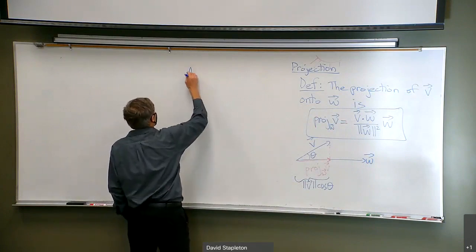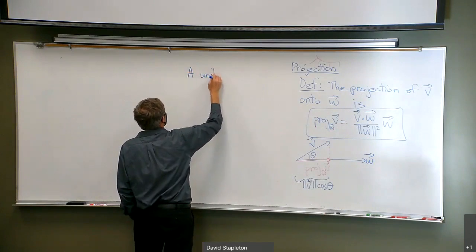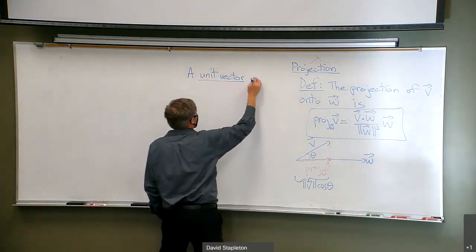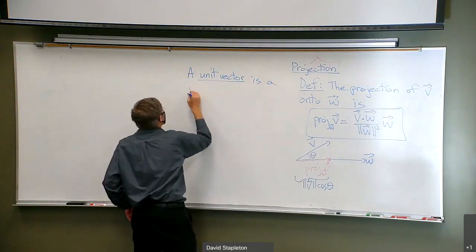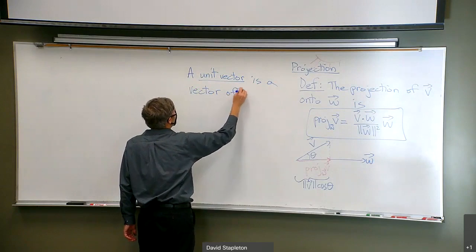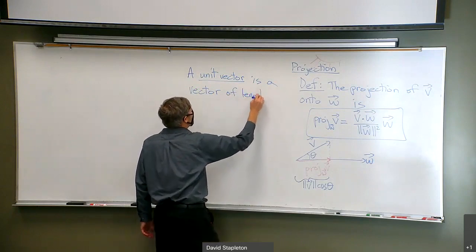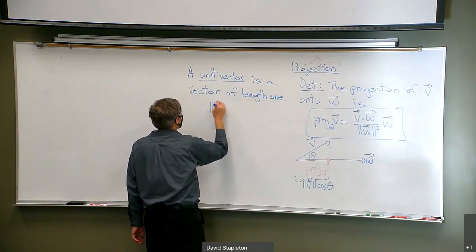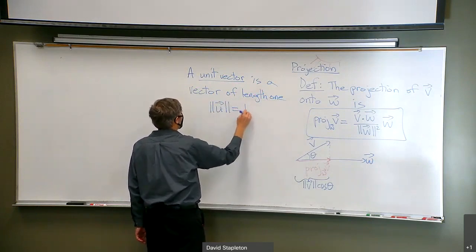A unit vector, it's just what it sounds like. It's a vector of length 1. Unit length, right? In other words, the length of a unit vector is 1.